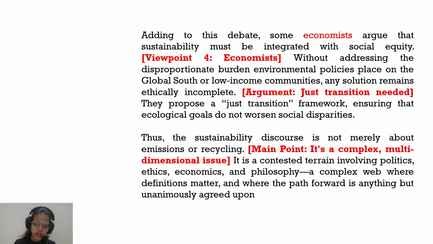So basically, just transition means the transition of sustainability practices. Up until now, we have been following practices that are not very sustainable because they are harming the environment. So we need to transition to more sustainable practices, for example, green practices.